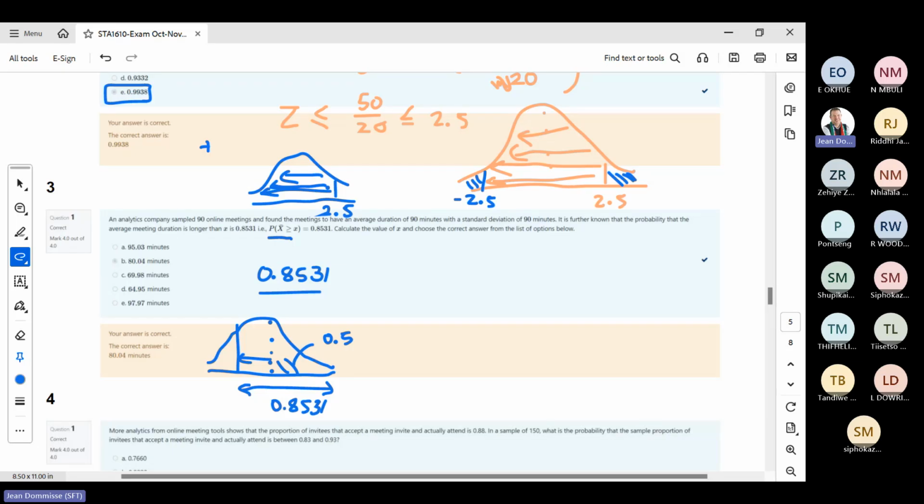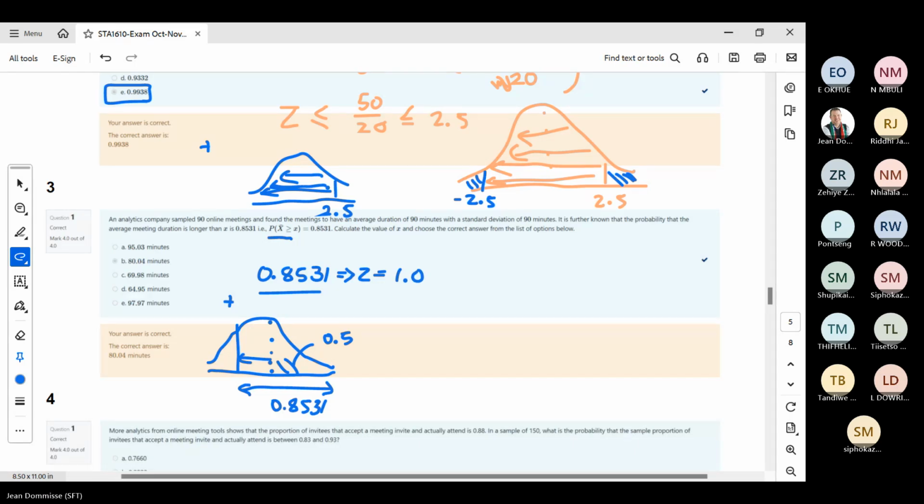On the positive table, where it is 0.8531, what is the Z value? The Z value seems to be 1.0, sir.